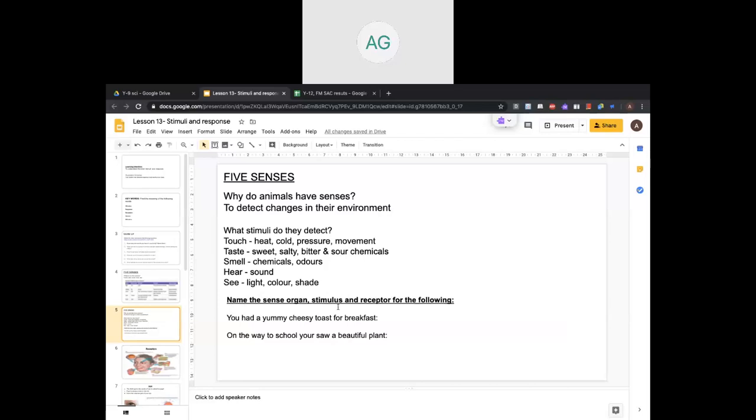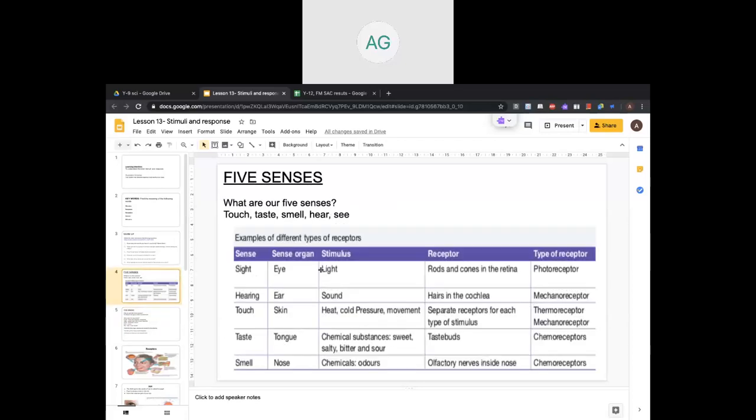So now name the sense organ, stimulus, and the receptor for the following. You had a yummy cheese toast for breakfast. When you eat that toast, of course, that would be for eating, but that could be for smell as well. So can you see what the sense organs involved are? If it's a cheesy toast, it's a taste. For taste, we know the sense organ used is your tongue, right?